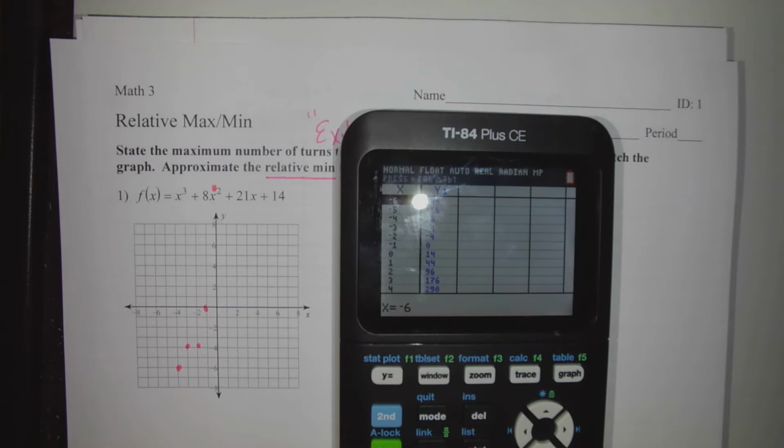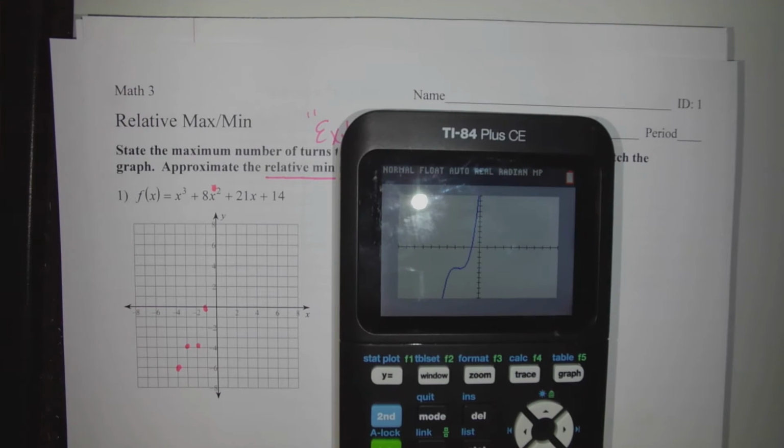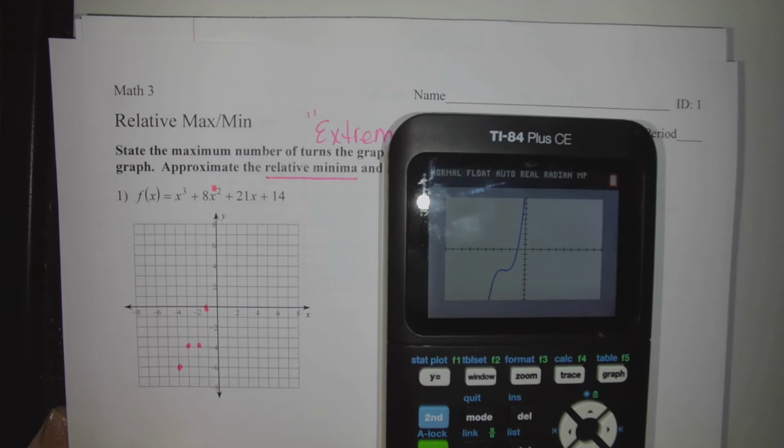So go to your graph. Now you're just going to sketch. So I'm going to kind of copy.